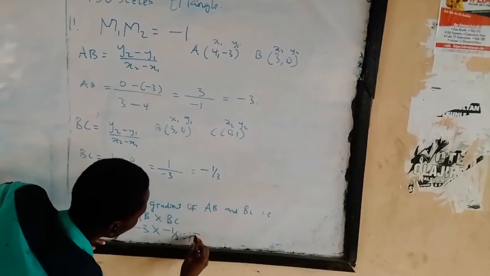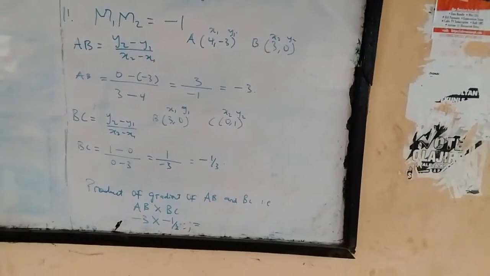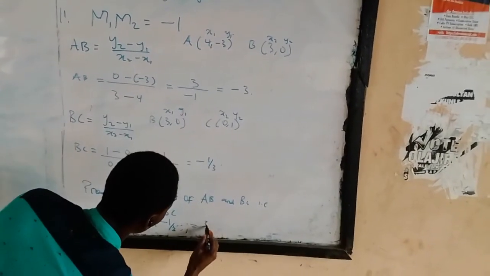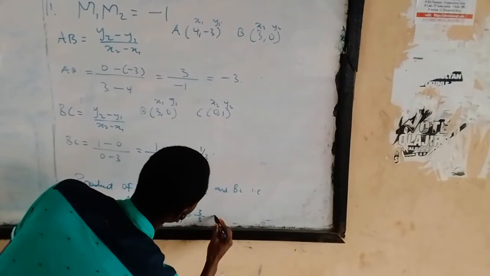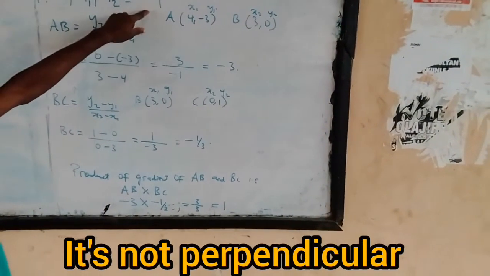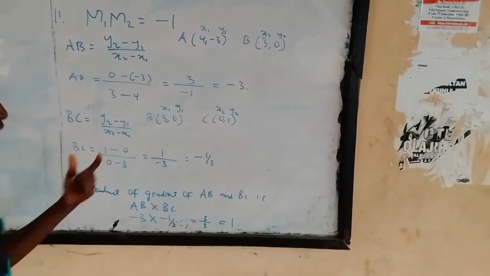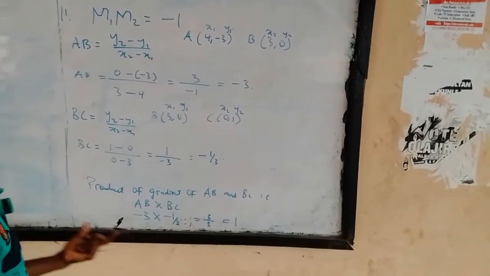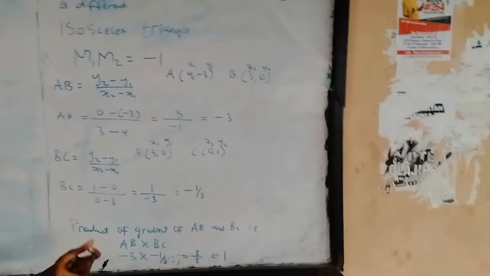Minus 3 times minus 1 is plus 3, all over 3, so 3 divided by 3 is 1. Since that is not equal to -1, AB and BC are not perpendicular to each other.